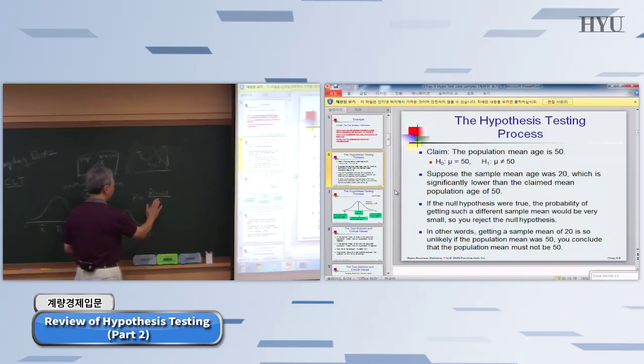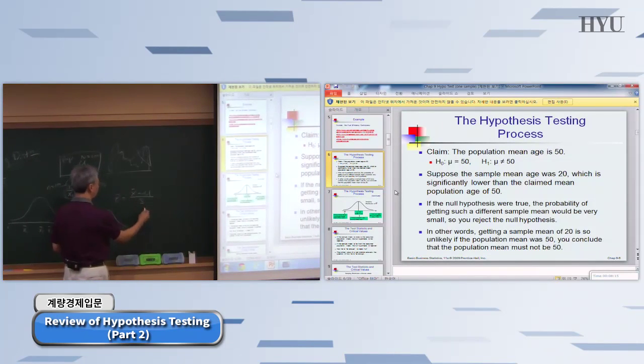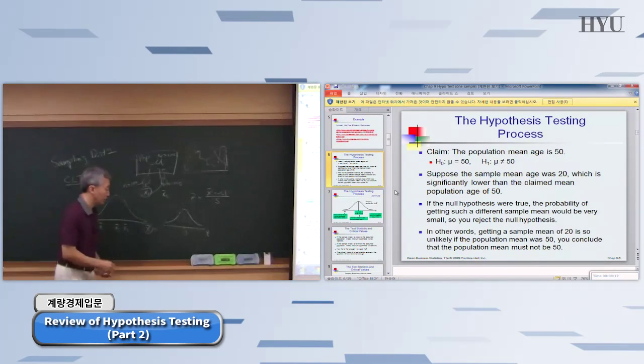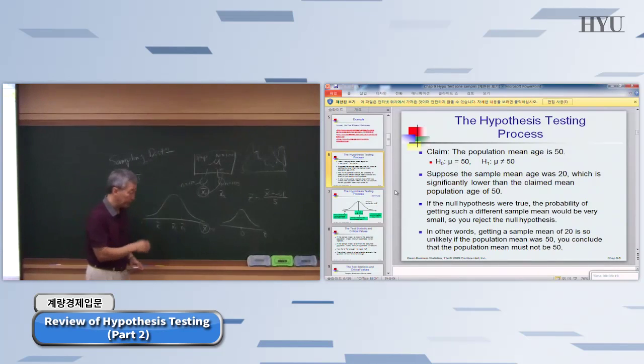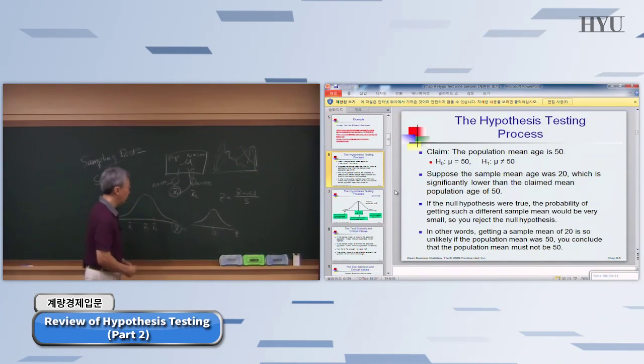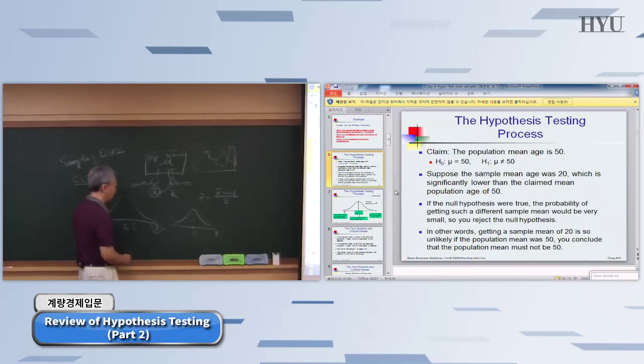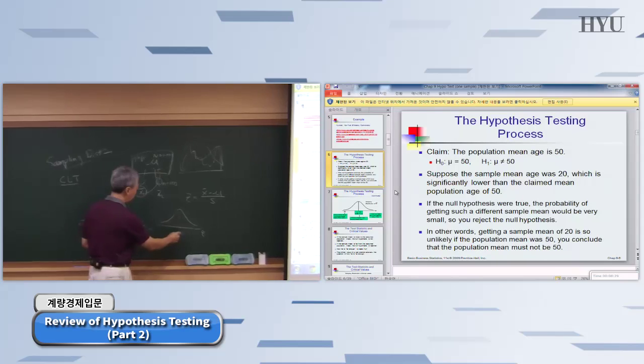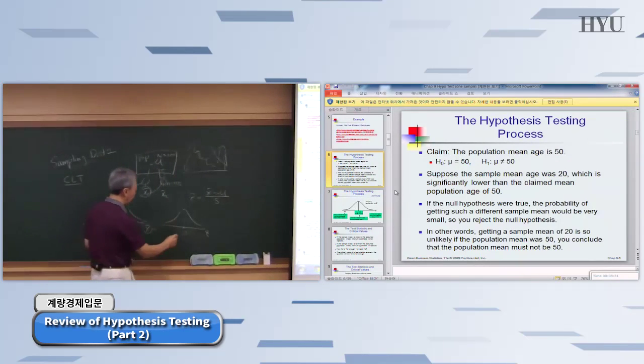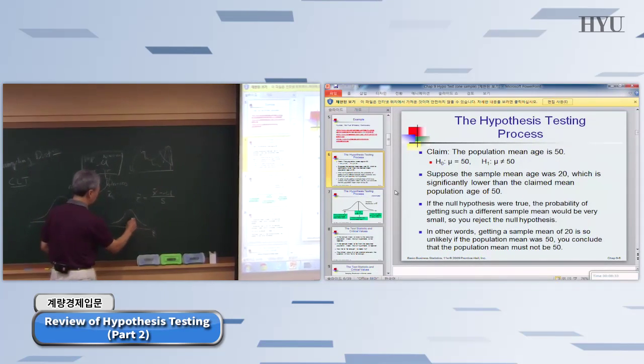If we are dealing with a sample, you can say sample standard deviation. So in that case, if this is the mean value, then we can convert it into 0.